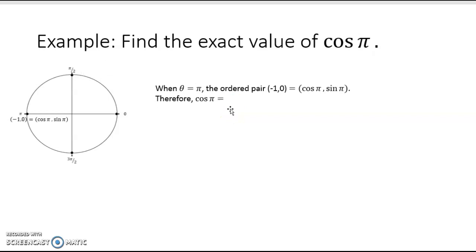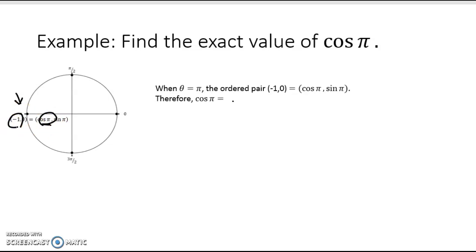If we look at cosine of pi, I need to go where pi is, which is right there. It has the ordered pair of -1, 0. Since cosine of pi is the first coordinate, I'm going to take that first coordinate in the ordered pair.